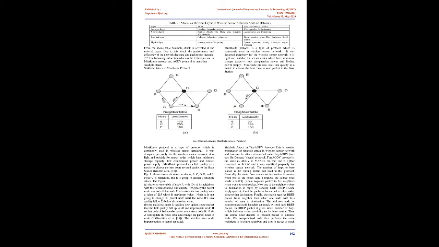Data link layer: collision, exhaustion, unfairness; error correction code, rate limitation, small frames. Physical layer: jamming attack, tampering; spread spectrum, priority messages, region mapping. From the above table, the sinkhole attack is activated at the network layer. Due to this attack, the performance and efficiency of the network decrease and packet loss increases.